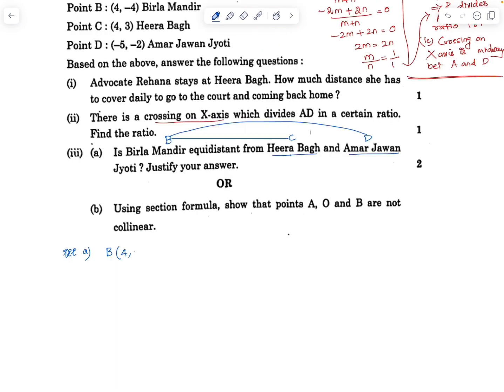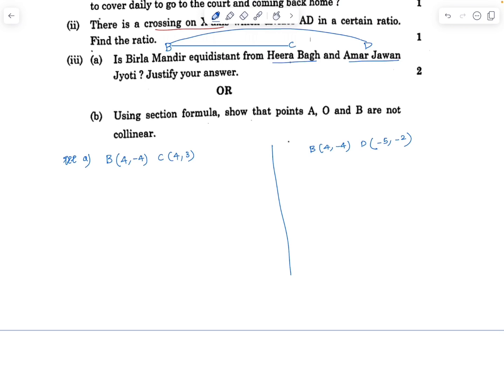B is 4, minus 4 and C is 4, 3. The next one is B to D. B is 4, minus 4 and the coordinates of D is minus 5, minus 2. We have to calculate the distance BC and BD and check whether they are equal or not.